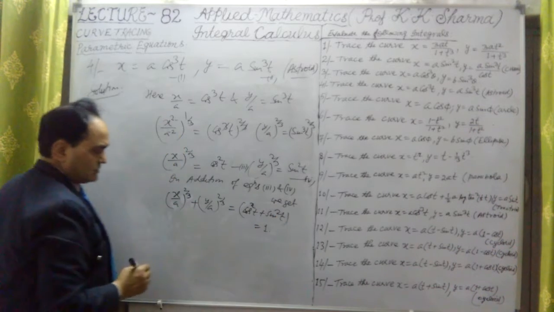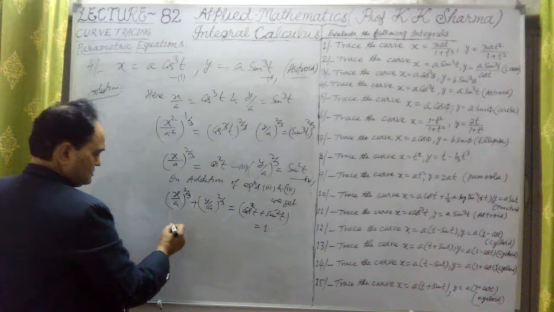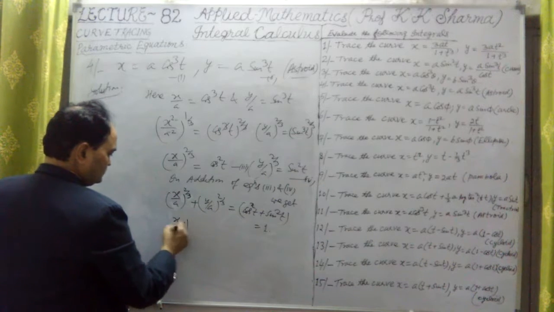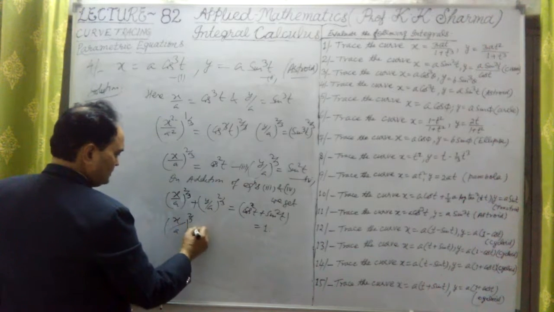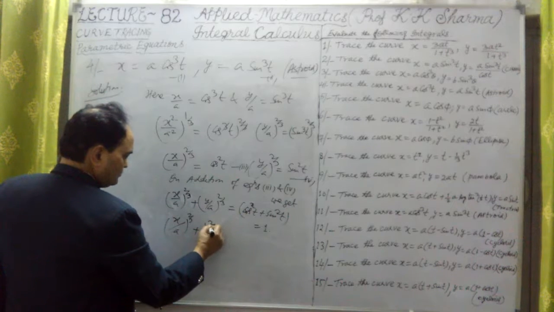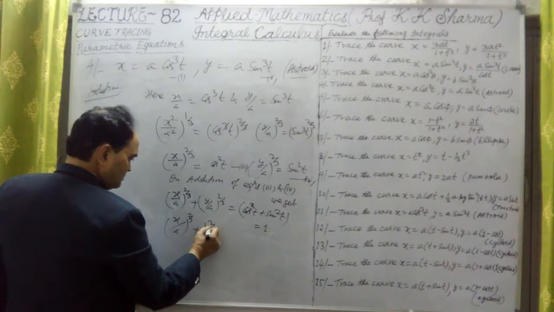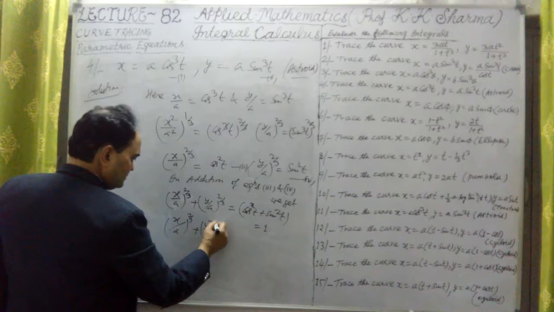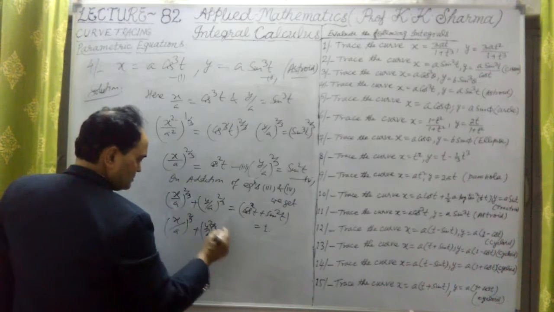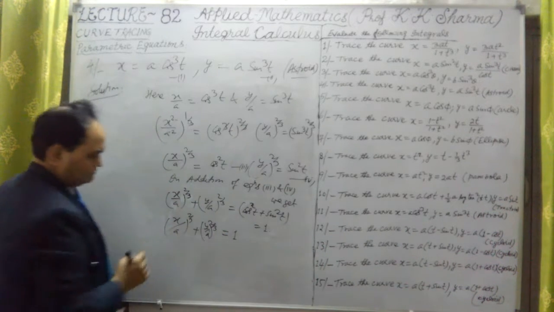So again this is that kind of question: x upon a whole power 2 by 3 plus y upon a whole power 2 by 3 is equal to 1.